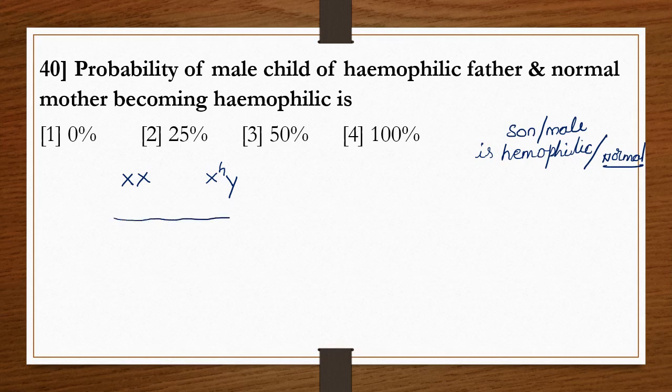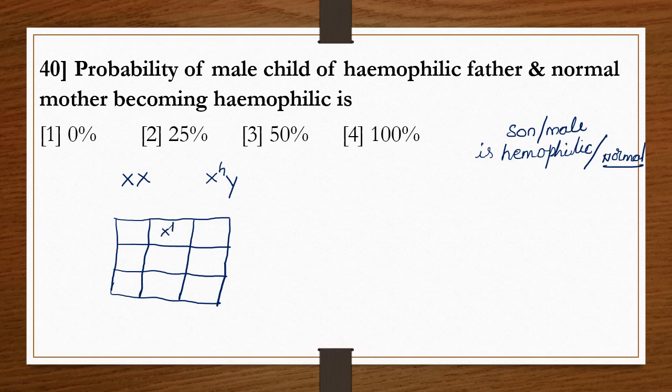The male gametes are X with the defective gene H, representing hemophilia, and Y; the female gametes are normal X and normal X. This produces carrier daughters, and normal XY sons.